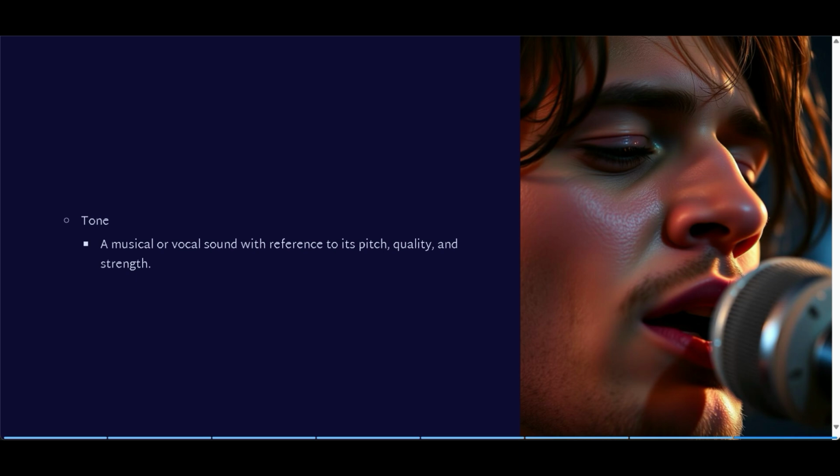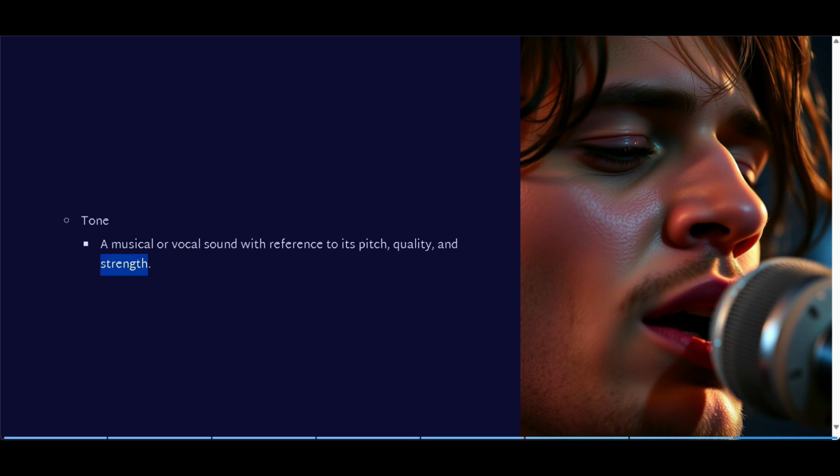Tone. Tone is a musical or a vocal sound with reference to its pitch, quality, and strength. So, you know what pitch is. You might know what quality is. Quality products, maybe. So, if you don't crack while singing, that would be quality vocal.